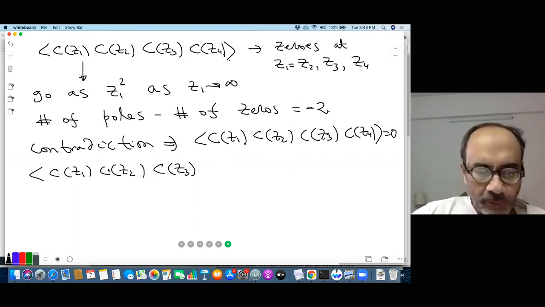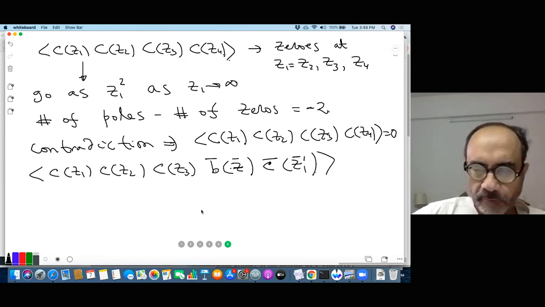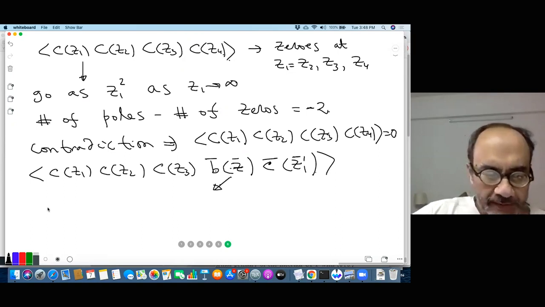The way to argue this is: let's take this and insert a pair of operators, B bar(Z bar) and C bar(Z1 prime bar). Now let's look at it as a function of Z bar. This should go as Z bar to the -4 as Z bar goes to infinity.